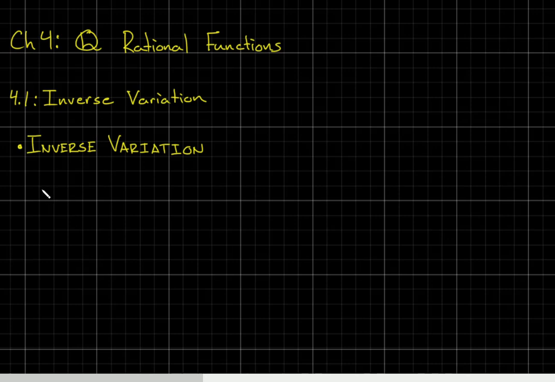So we'll just say that by definition, inverse variation is simply going to be a relation. It's a relation between two variables. So it could be x and y, it could be two physical ideas, but I'm okay with x and y.